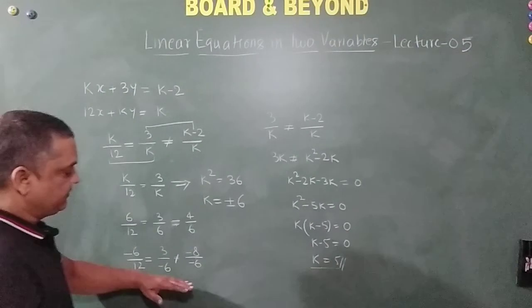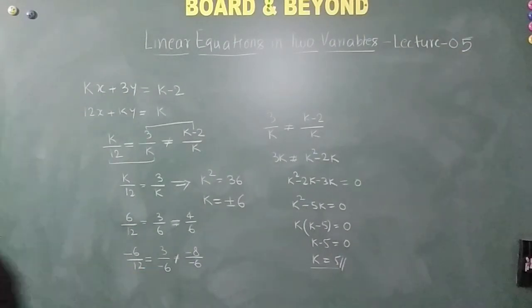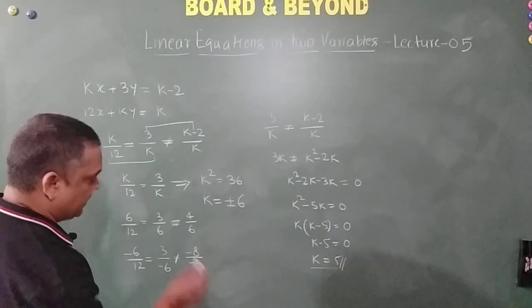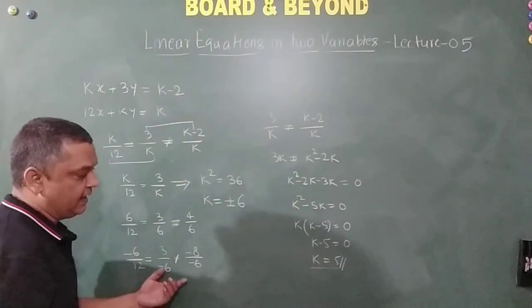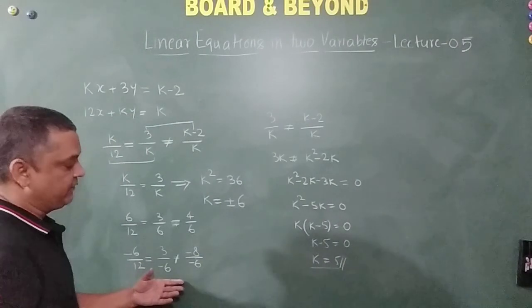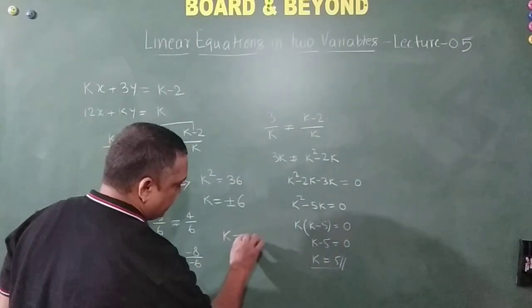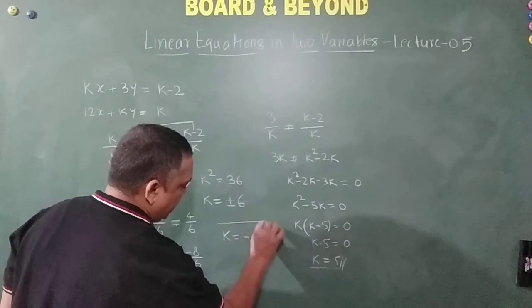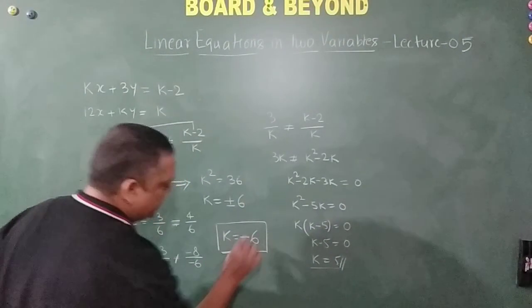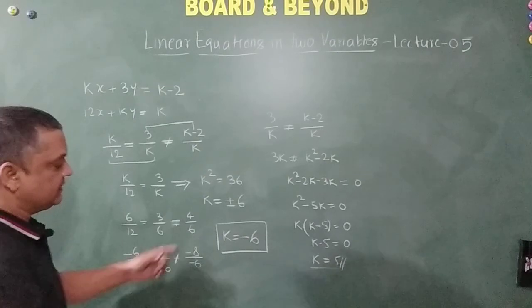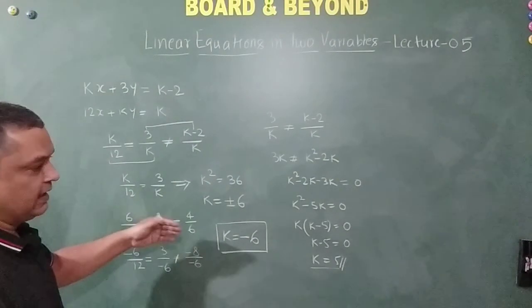So from this we conclude that we were asked to find out for which value of k this system of linear equations will have no solution. So the answer is k is equal to minus 6. I hope I have made my point clear, because once k is equal to plus 6, you can get infinitely many solutions.